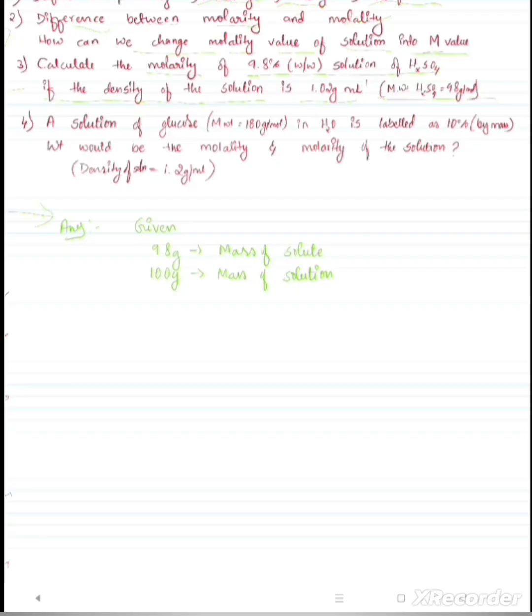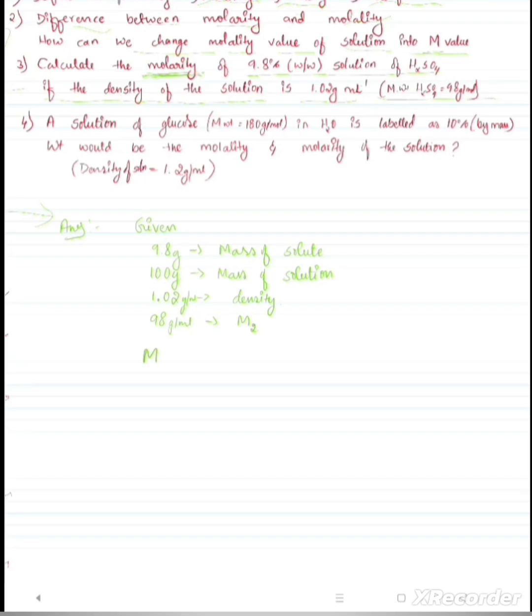Then they gave the density, that is 1.02 gram per ml. Then they gave the molar weight, that is 98 gram per mole. This is the molar weight of the solute, that is M2. You know the formula. What to calculate? Molarity.